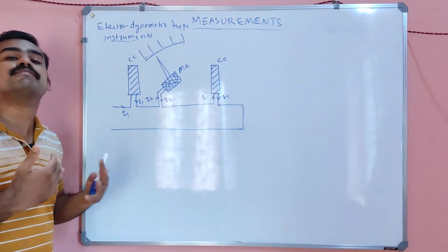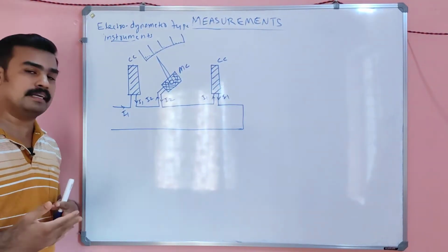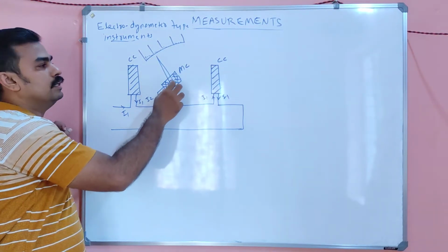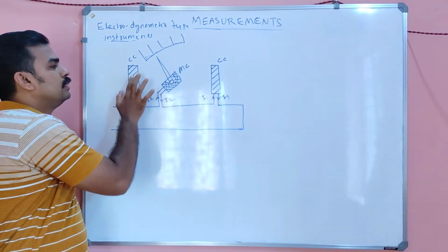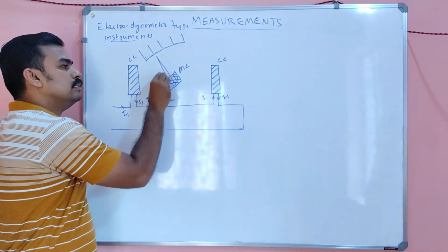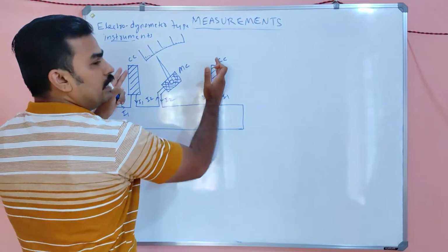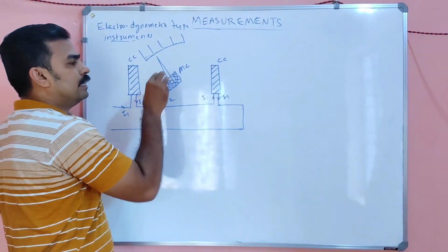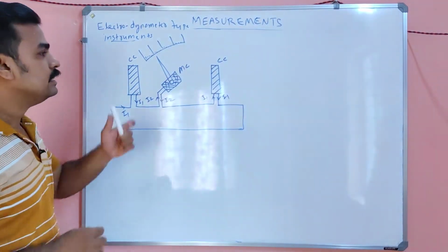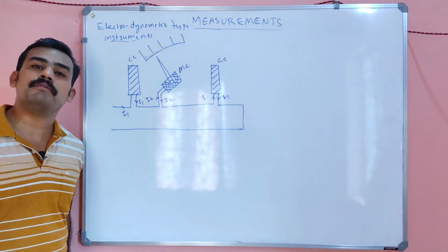There will be some force experienced by that current carrying conductor. Now this moving coil is situated in the field between these two fixed coils. The field due to the fixed coils acts on the moving coil, so that a force or a torque is developed.